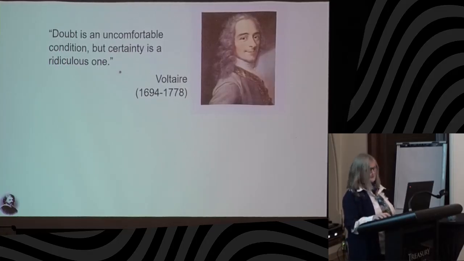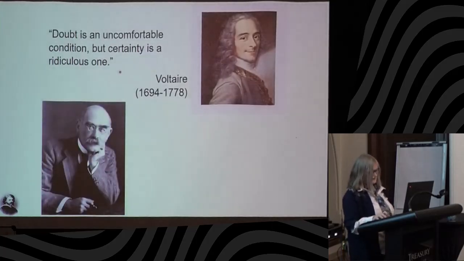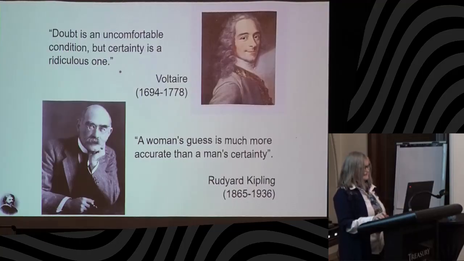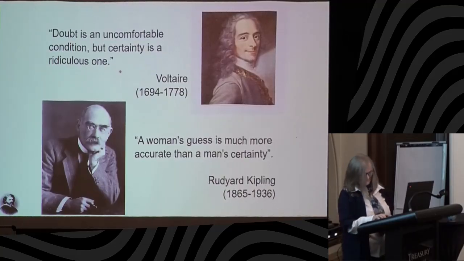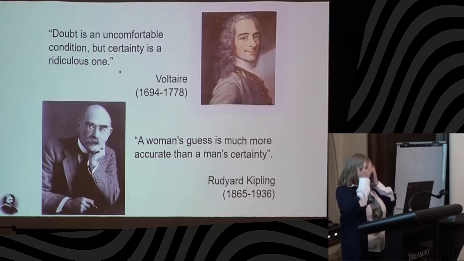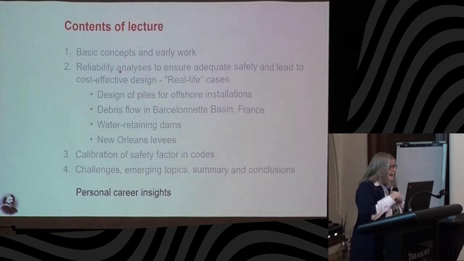So you have to admit that you have uncertainty. So that's good, that supported my theory. But then, because I was a woman, this is Kipling, he said, a woman's guess is much more accurate than a man's certainty.